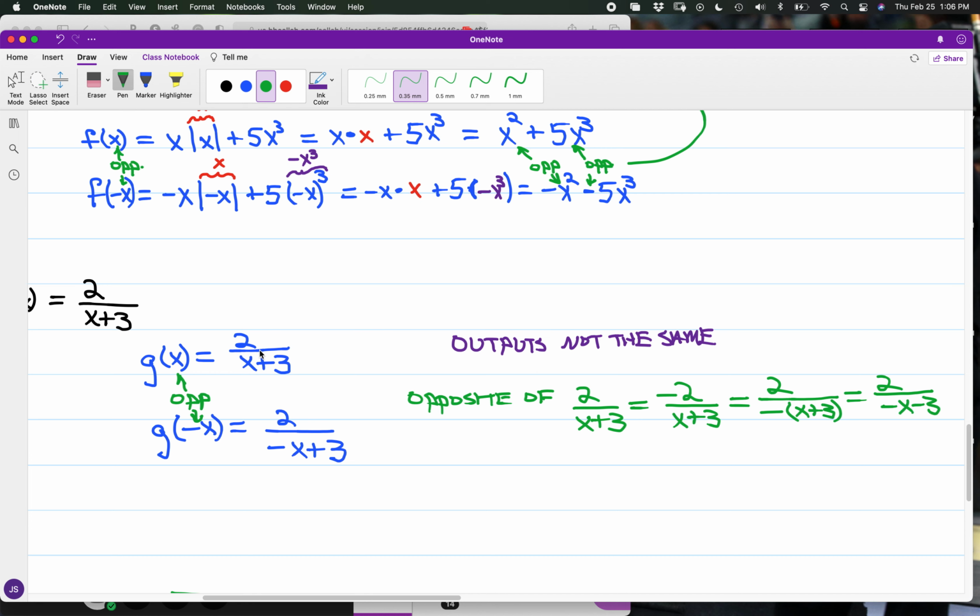And if you notice, 2 over x plus 3 and 2 over negative x plus 3 are not the same. And the opposite of 2 over x plus 3 is 2 over negative x minus 3, and I don't have negative x minus 3. So in this case, the outputs are not opposite each other.